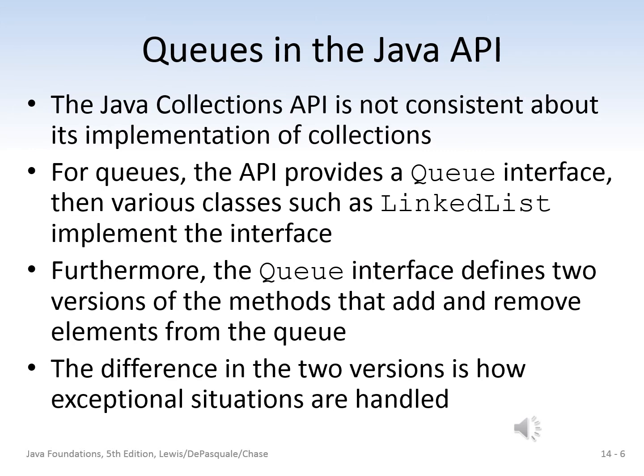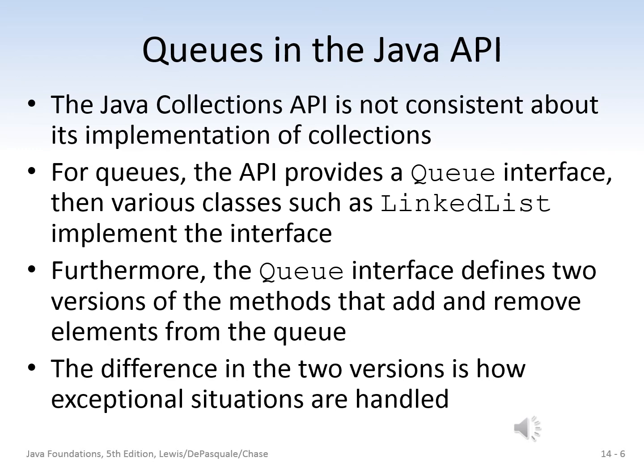The Java Collections API isn't consistent about implementing collections. For queues, the API provides an interface, the Queue interface. Then various classes, for example, LinkedList, are used to implement the interface. The Queue interface defines two versions of the methods that add and remove elements from the queue.